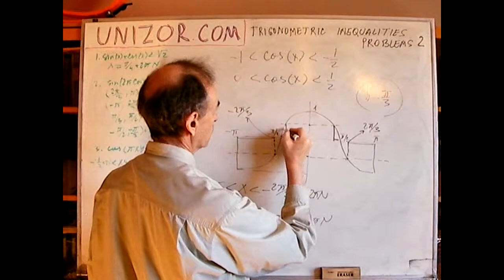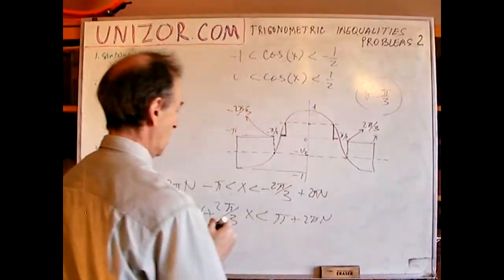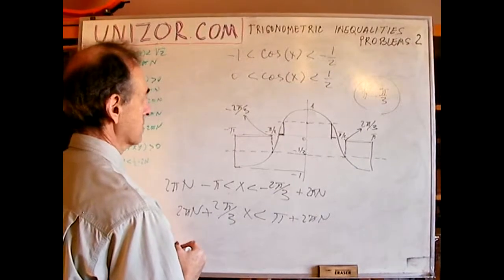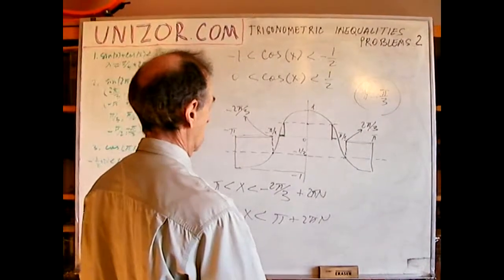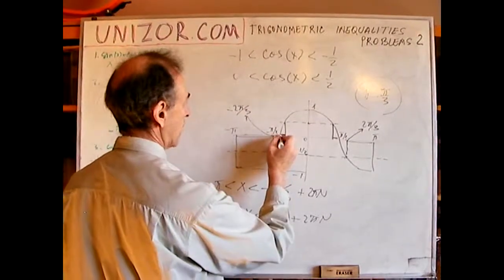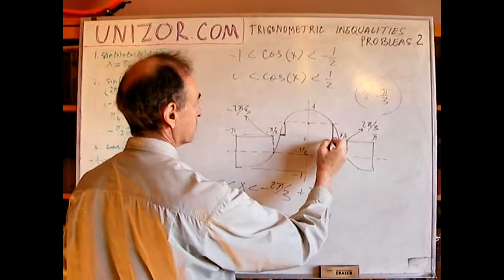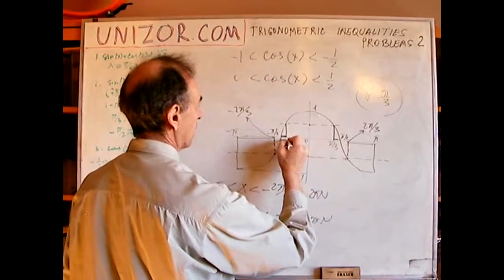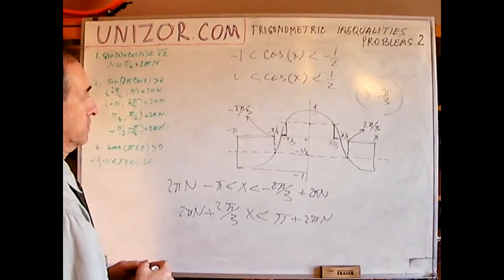The cosine would be greater than 0 but less than 1/2, right? So what are these intervals? Well, 0 is obviously minus pi over 2 and pi over 2, and 1/2 would be pi over 3 and minus pi over 3, right? Because the cosine of pi over 3 is 1/2.